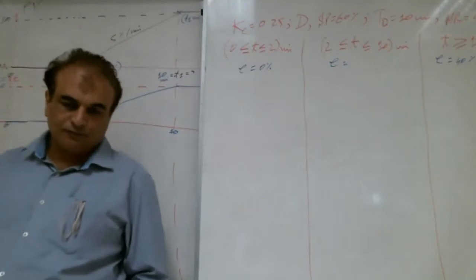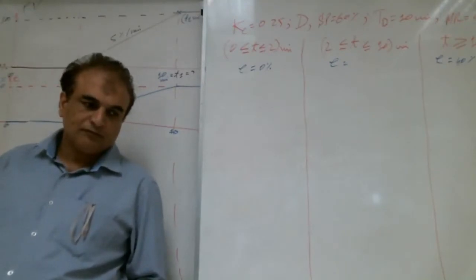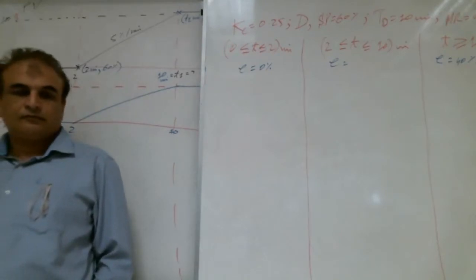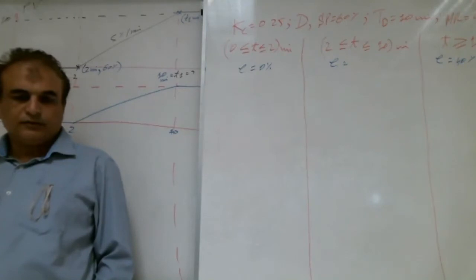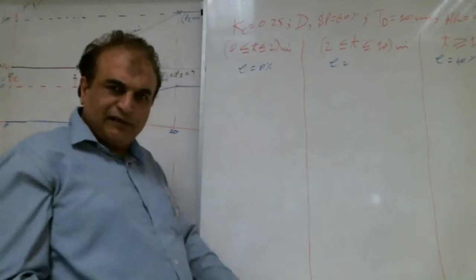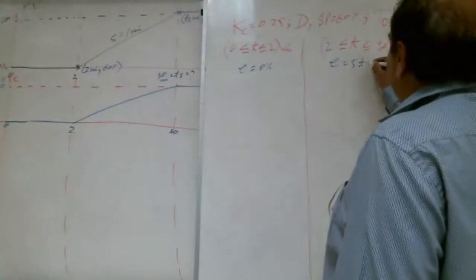Is somebody trying? Yes, good. A lot of brothers are writing yes. Ali is writing e is equal to 5t minus 10. He is writing 5t minus 10%.